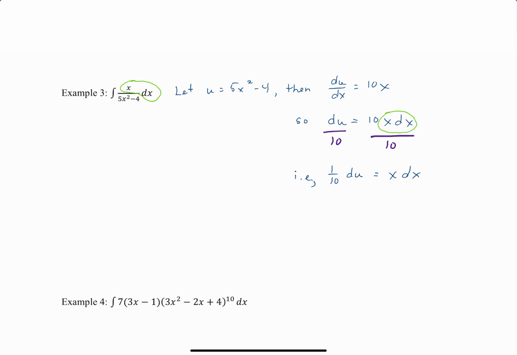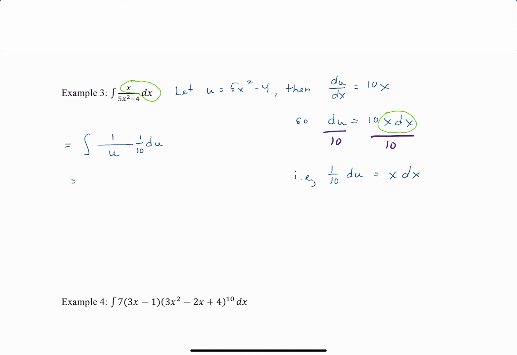So let's put in what we've got and see if there's any leftover x's we need to deal with. The x dx has turned into 1/10 du, and then the 5x squared minus 4 in the denominator is all swallowed up in the u.